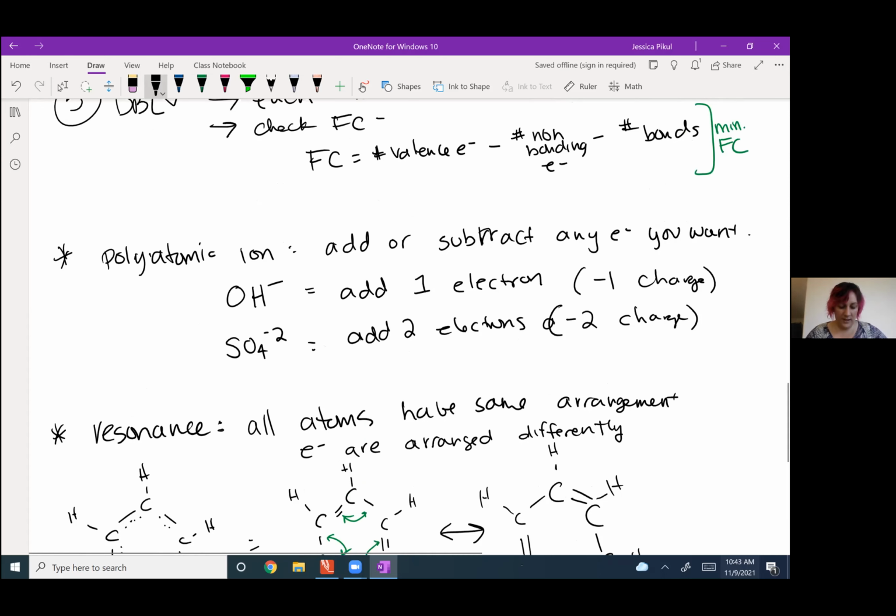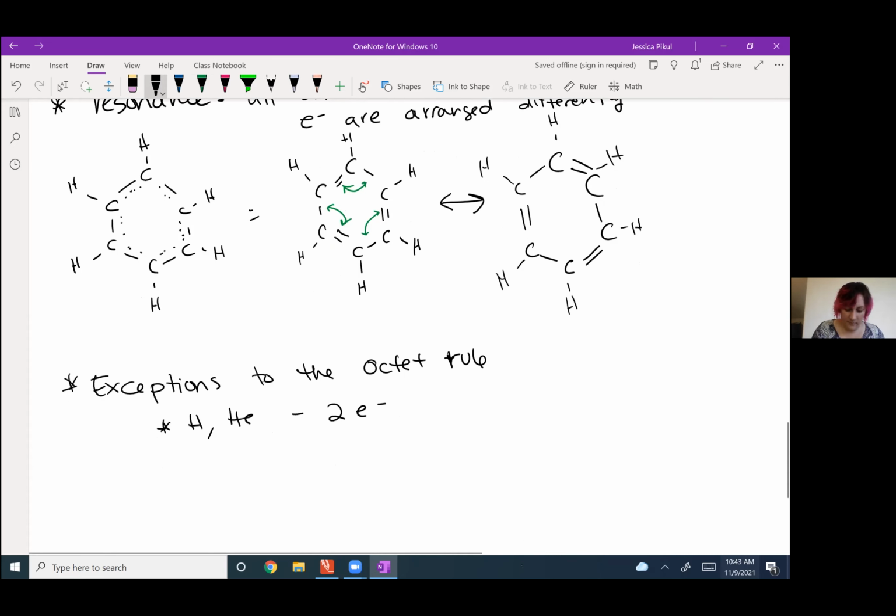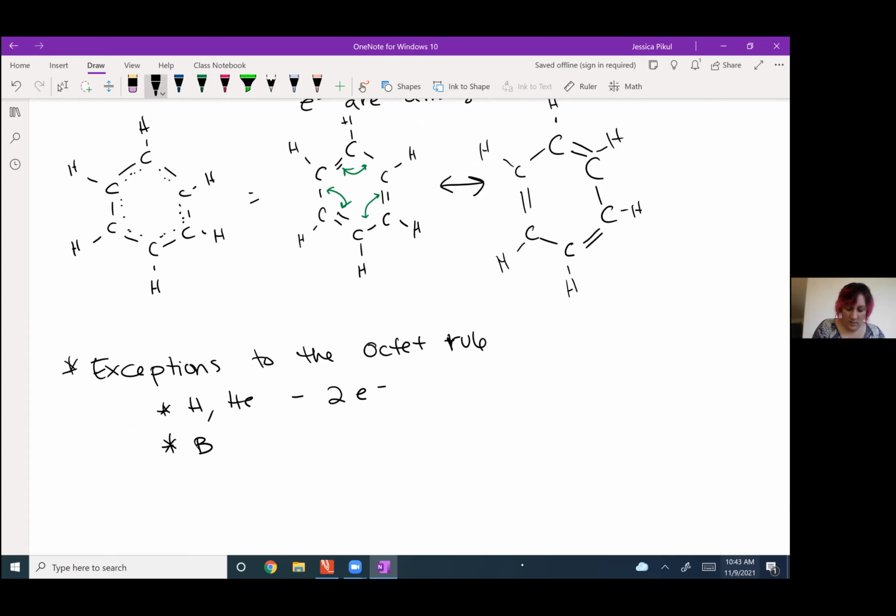So with this as the base, the chapter is also going to go into exceptions to the octet rule. We've already mentioned that hydrogen and helium follow a duet rule, so they will only want to have 2 electrons around them. Boron is going to only want 6 electrons. It's weird, it's a metalloid.